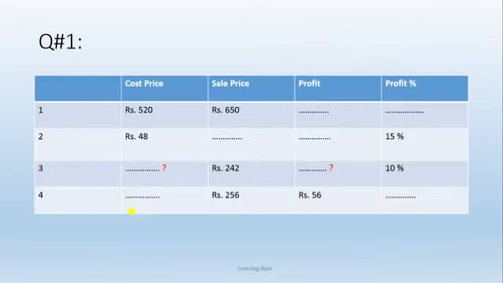Now let's solve the third part of this question. In this part, we are given sale price, which is 242 rupees, and profit percentage, which is 10%, and we will have to find cost price and profit. Now let's see how to find these both values.